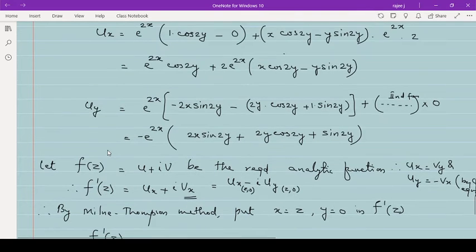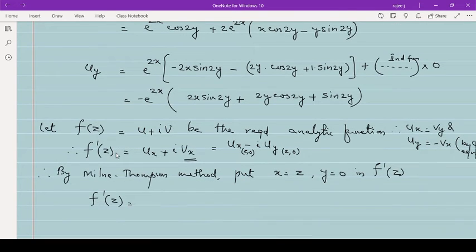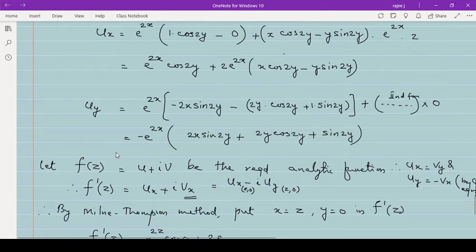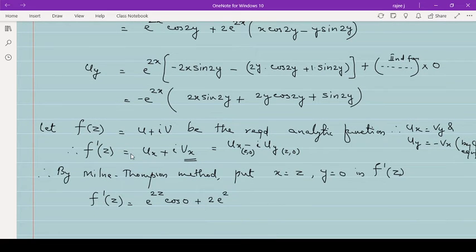In this one, e raised to 2x becomes e raised to 2z, and cos 2 into 0 is cos 0, plus 2 e raised to 2z into x cos 2y, which means z cos 0, minus y, which is 0, into this. That is done.